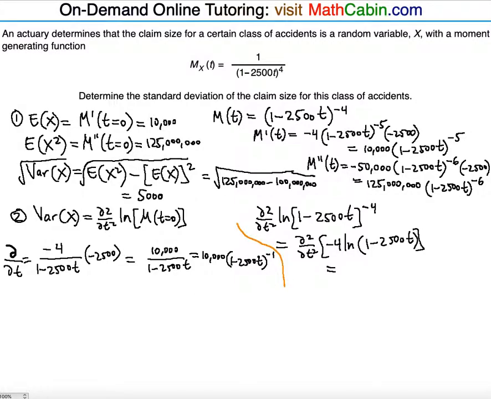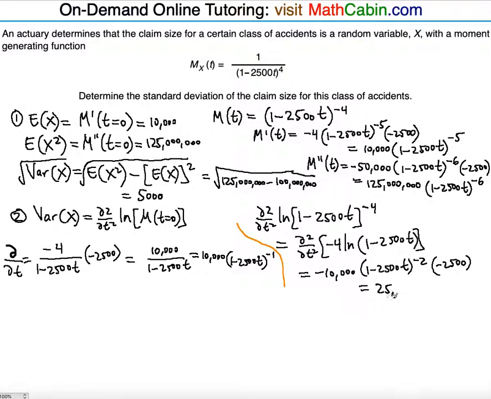We wrote it as to the -1 so that we can take the second derivative. Now the power comes down, so -10,000, because -1 multiplies the 10,000, and then (1 minus 2500t) to the -2 multiplied by the derivative of the inside, which is -2500.